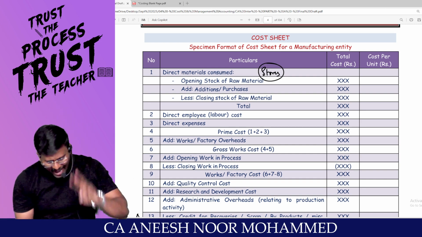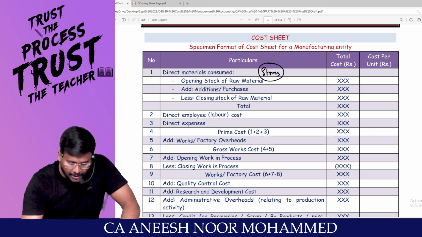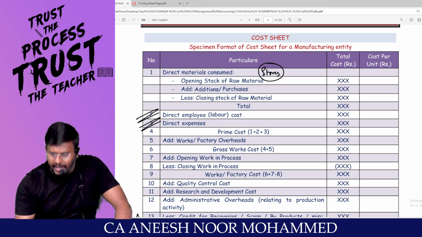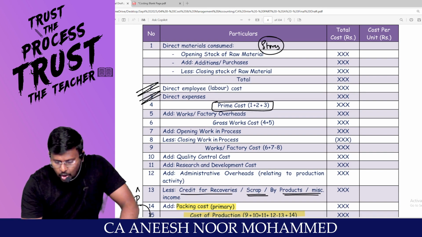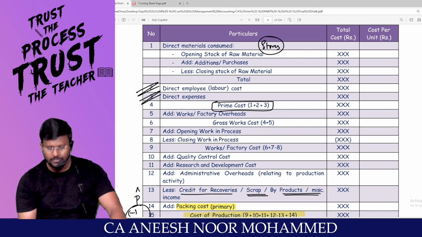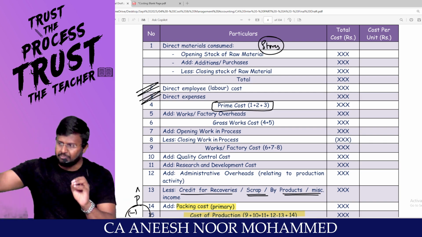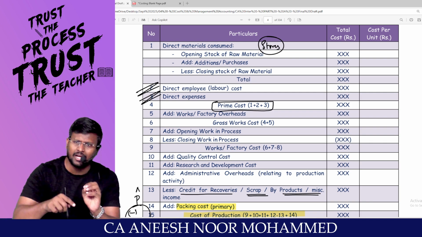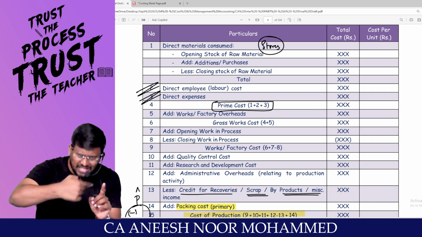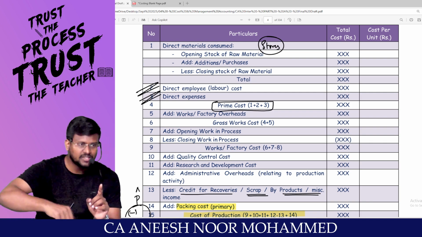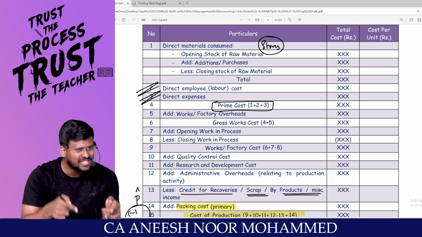Then add direct labor, add direct expense, and I will get the prime cost. Right, sir? Once I incur the prime cost, that means material came from the stores to the work area. Laborers are working in the work area. I am incurring direct expense at the work area.